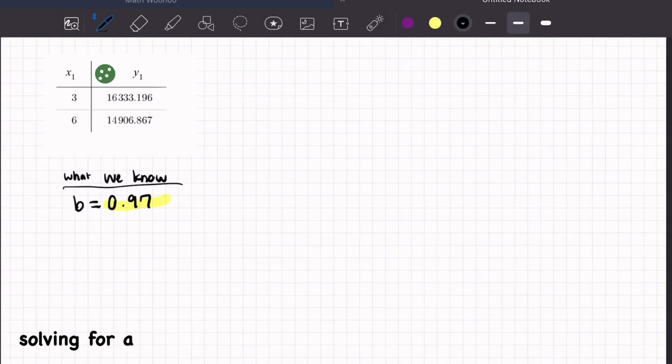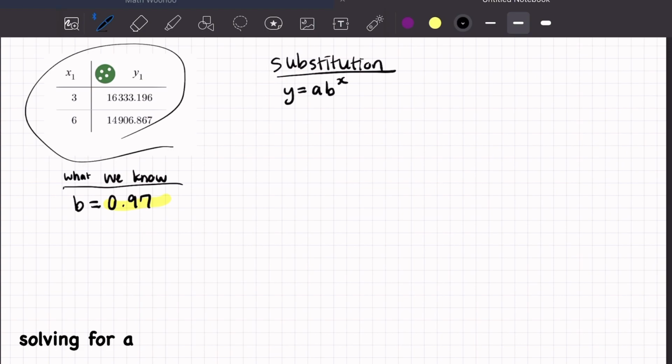Now that we have solved for b, let's find a to finish off our equation. To find a, we can actually use the method of substitution, because in the default formula y equals a times b to the power of x, we know the value for b, so we can substitute it. We can also replace the value for y and x with one of the given data points over here.